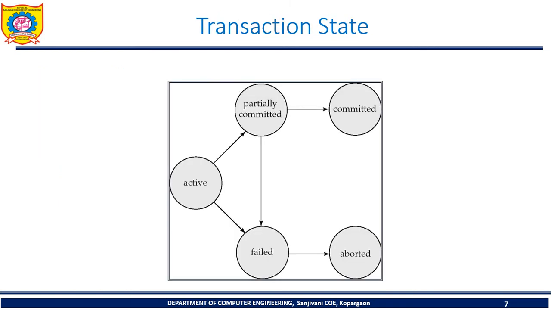Next, transaction state. You can see 5 states in the diagram: active, failed, aborted, committed, partially committed. The first is active.